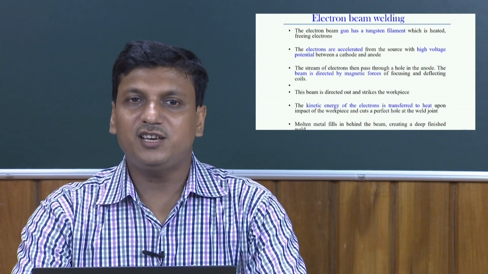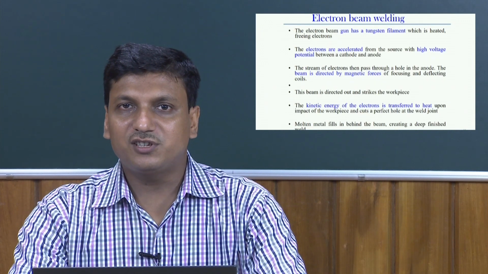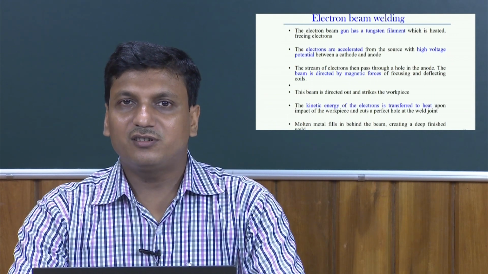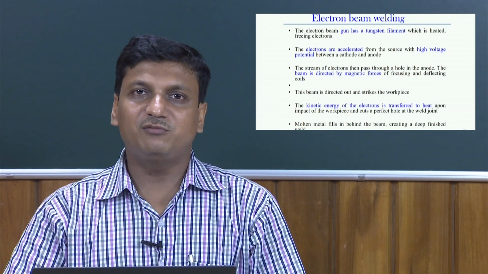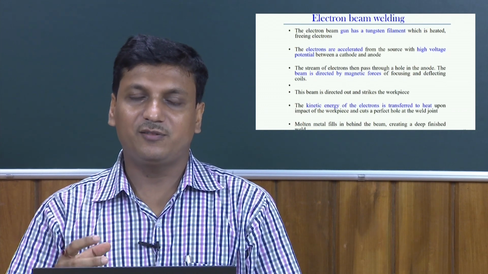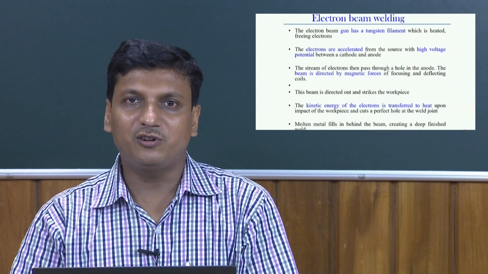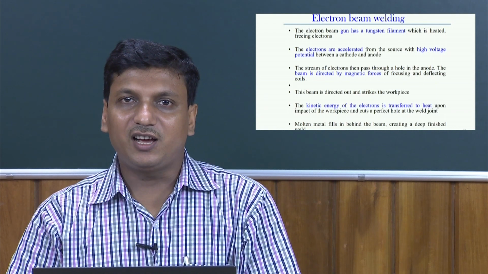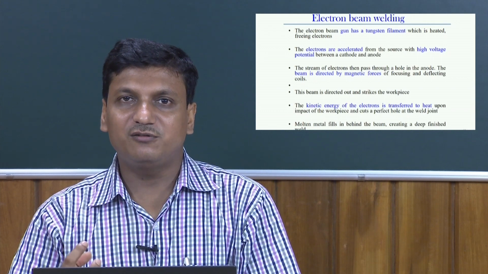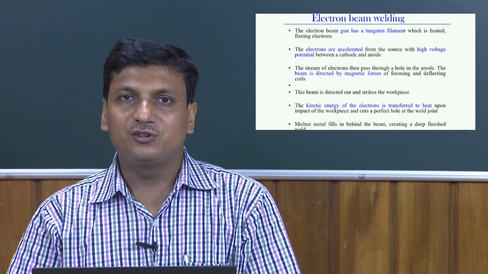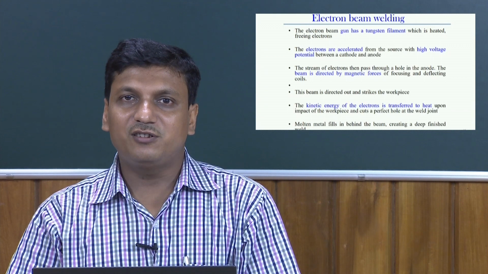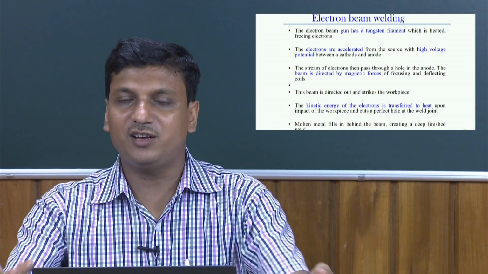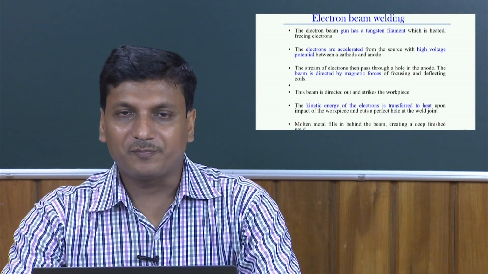But in general, in the electron beam welding process, the electrons are created, accelerated and focused on a specific point, all done in a chamber, and finally the welding is done within a vacuum chamber, so that the beam cannot be deflected away in the presence of air or any medium.